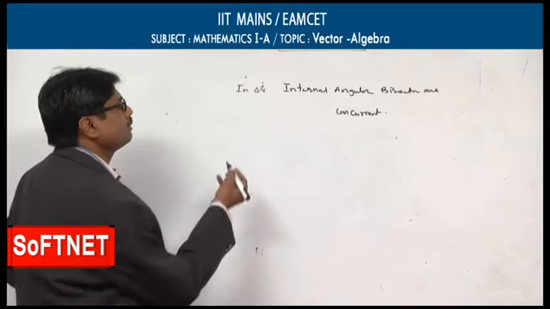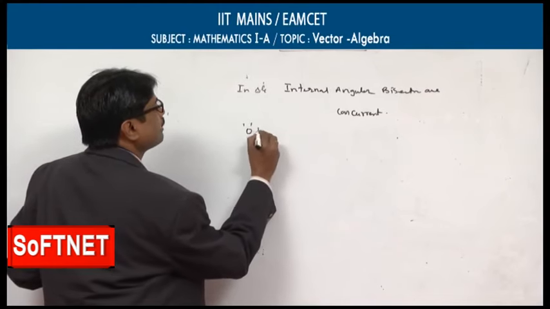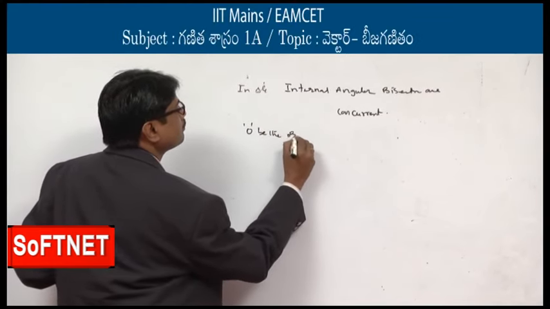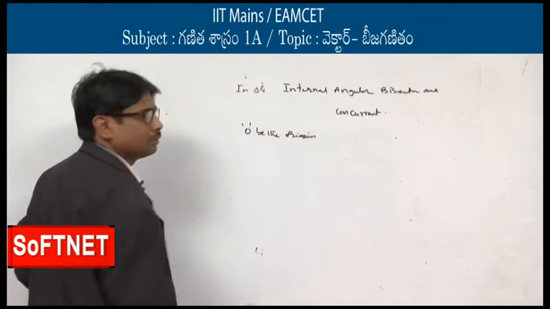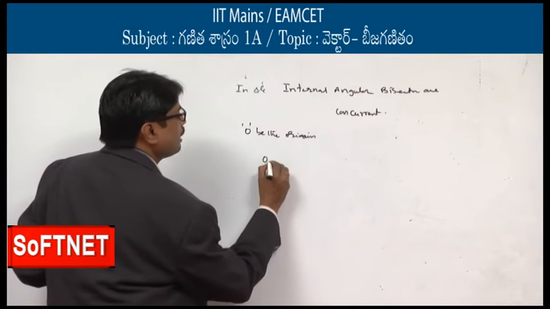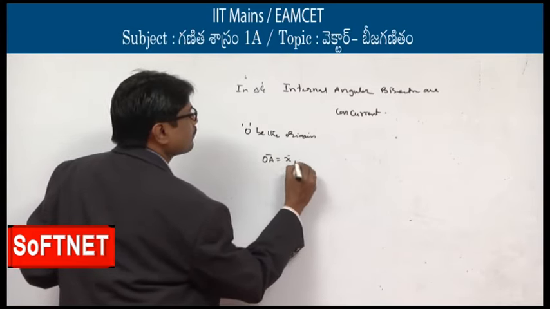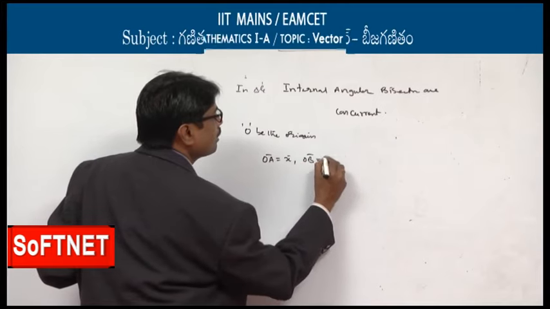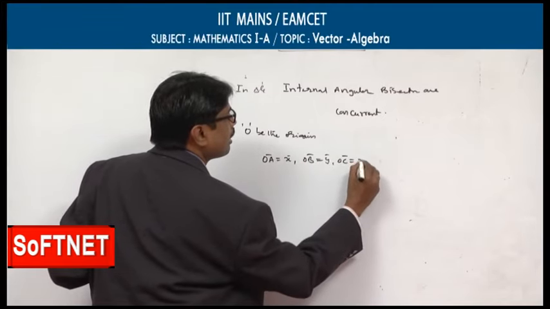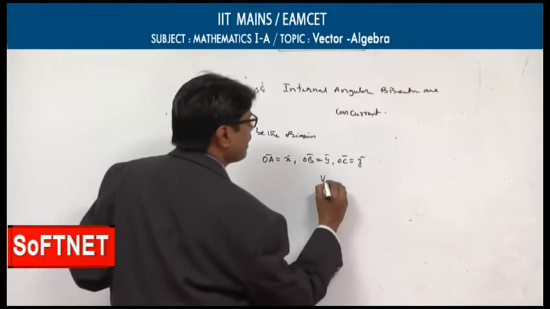Further, define O as the origin, OA bar is equal to X bar, OB bar is equal to Y bar, OC bar is equal to Z bar, the vertices of triangle ABC.